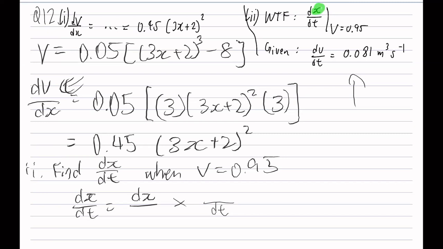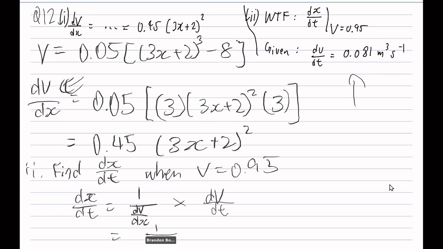But then how dV? Okay, then the 1 over whatever thing. 1 over the upside down version. Yes. Okay, reciprocal. Good, good.